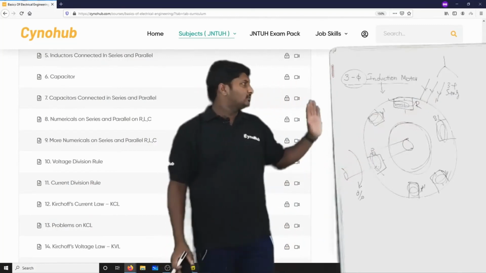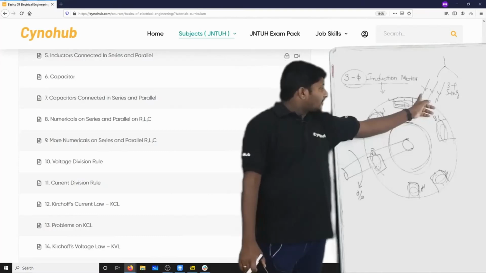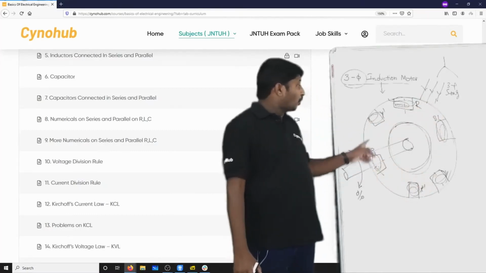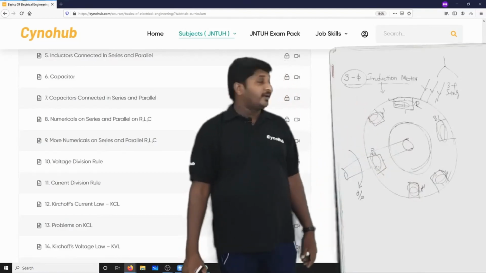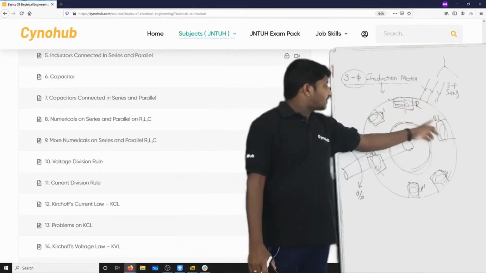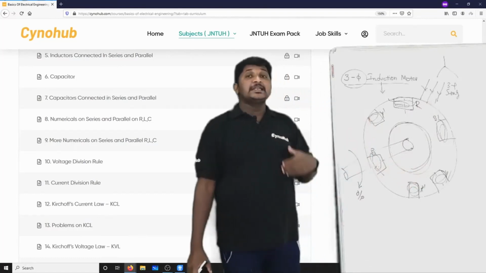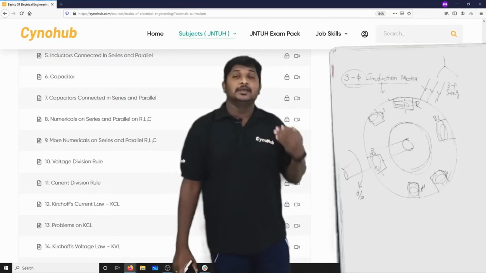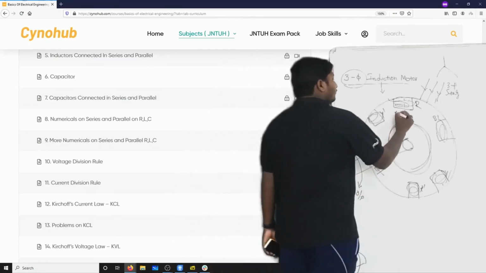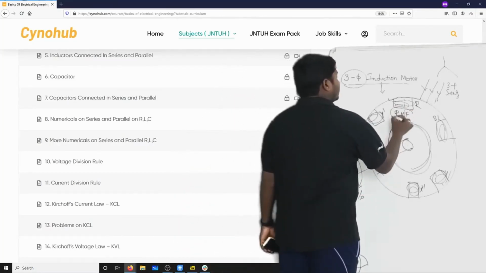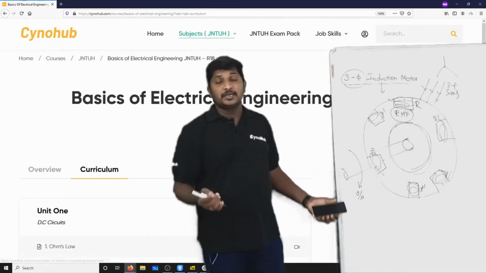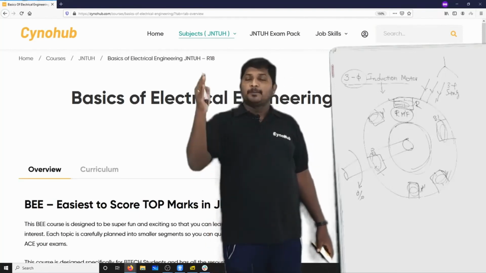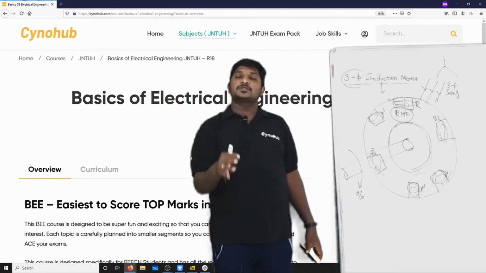Now, just listen. Whenever a three-phase supply is given to the stator poles, a rotating magnetic field is produced.